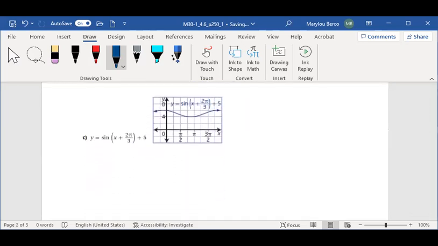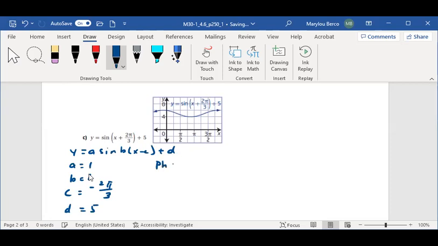D. Okay, here we have another function, y equals a sine b x minus c plus d. So for c, we have A equals 1, B equals 1, C equals negative 2 pi over 3, and D equals 5.